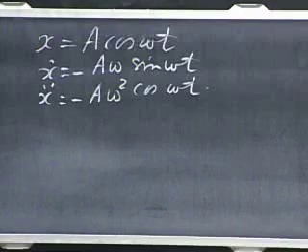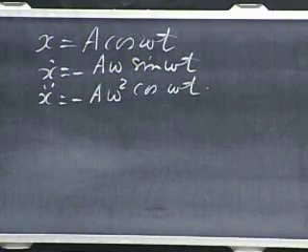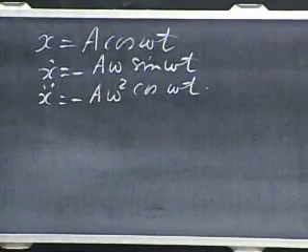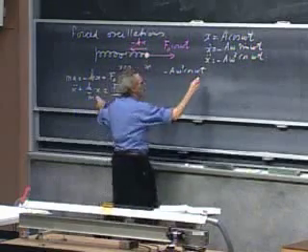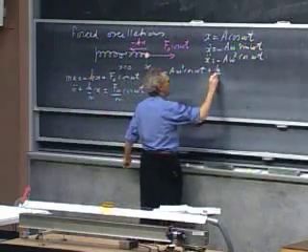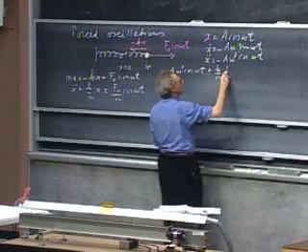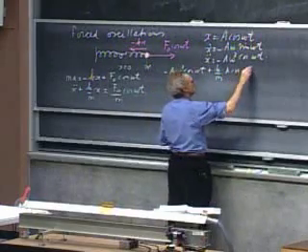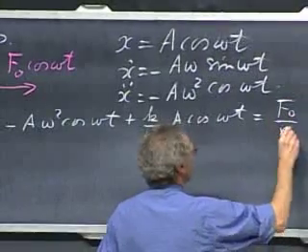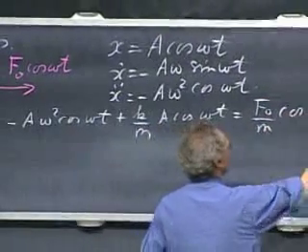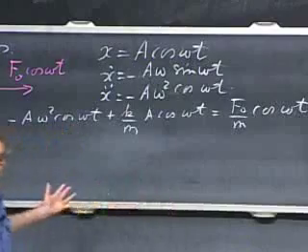And so now I'm going to substitute that in here. So I'm going to get minus A omega squared cosine omega t plus k over m times A cosine omega t, and that equals F0 divided by m times the cosine of omega t. And that must always hold.